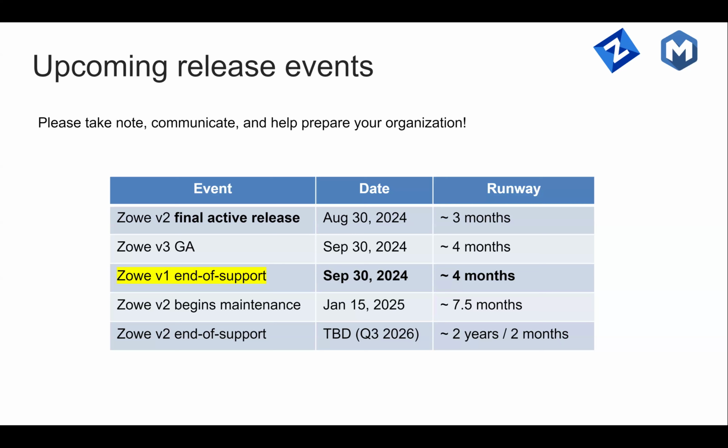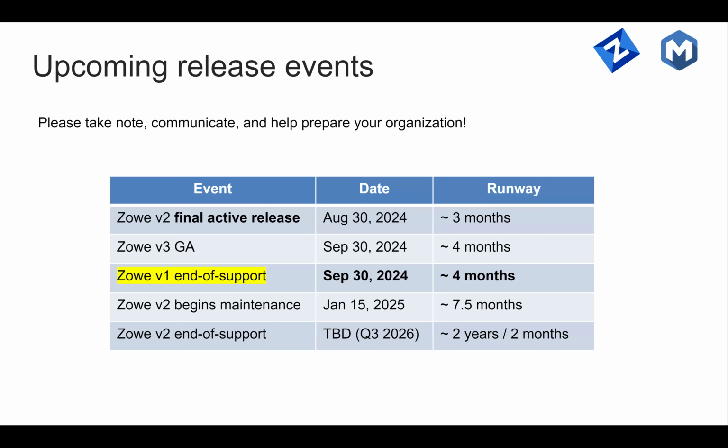The new release date for V3 is September 30th, so at the same time that V1 is terminating support, we will be introducing V3. There will be a few more active releases scheduled for Zowe V2, the final one being delivered at the end of August.